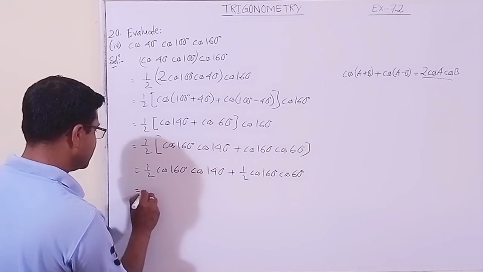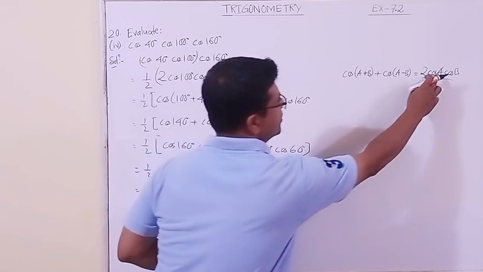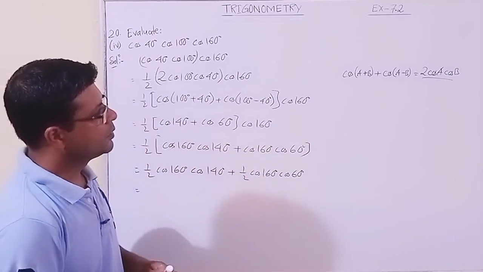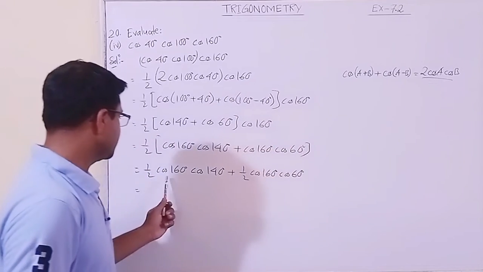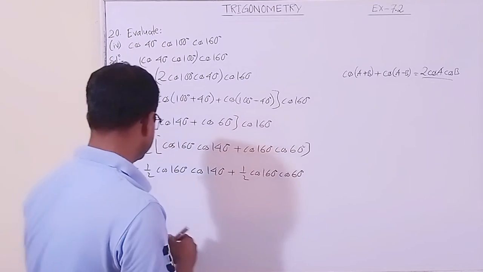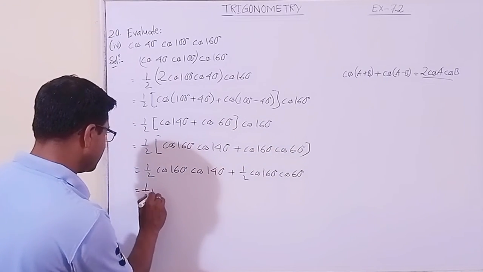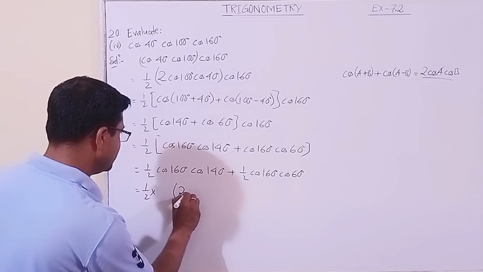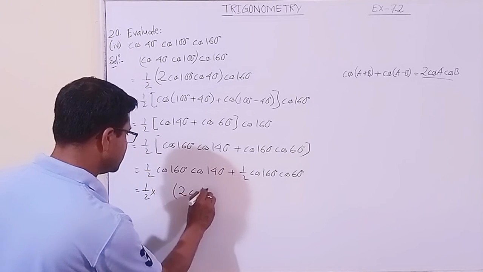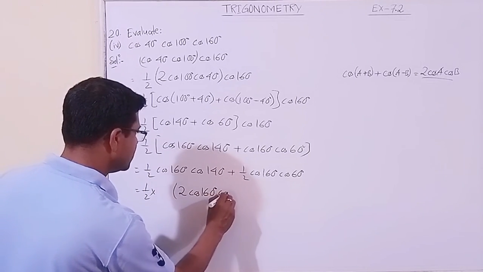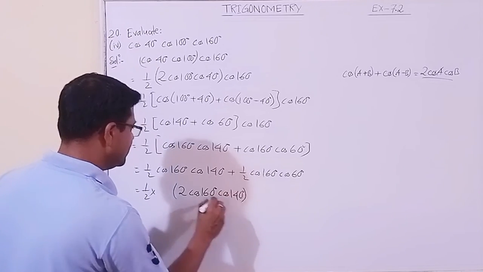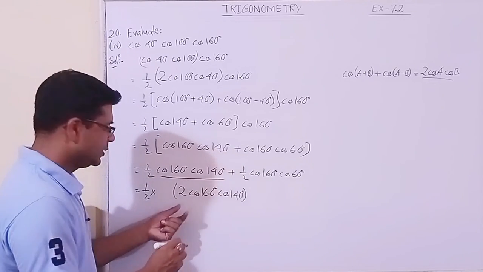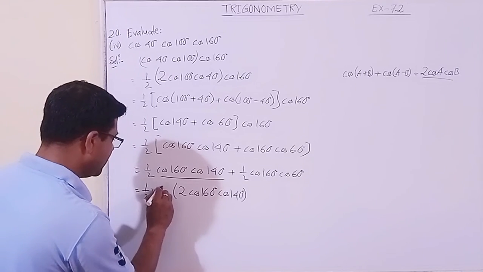All right, now again it is in this form, you can check, but this 2 is missing. This is cos a cos b, but that 2 is missing. So what we have to do, this half is already there, we have to bring in 2 cos 160 degree cos 140 degree. You see here we have multiplied by 2, so we have to divide by 2 also.